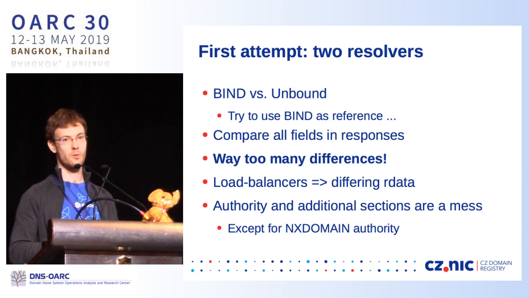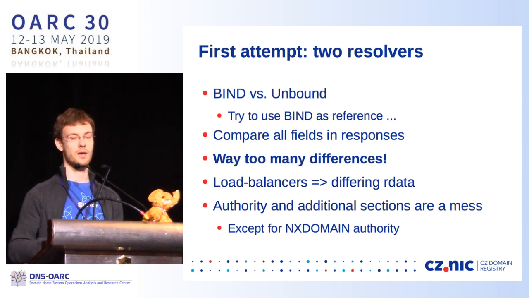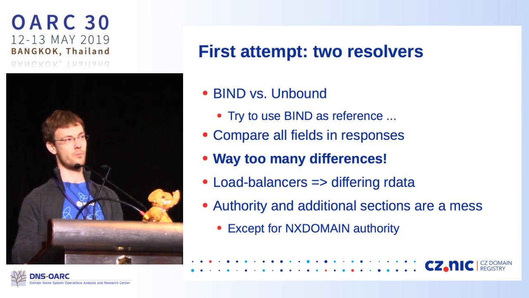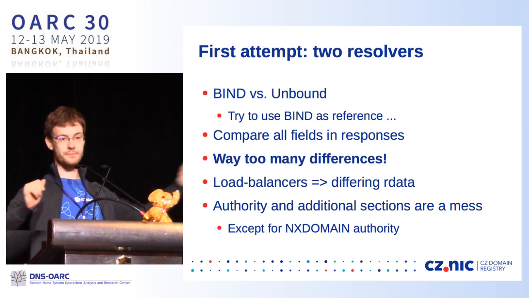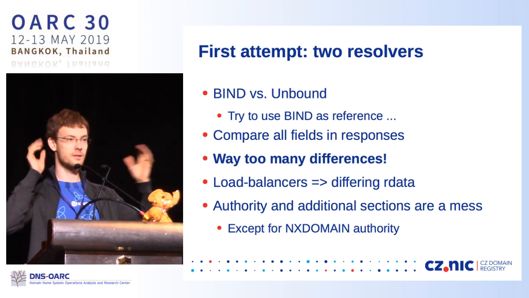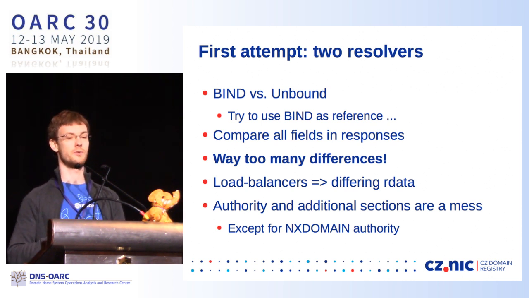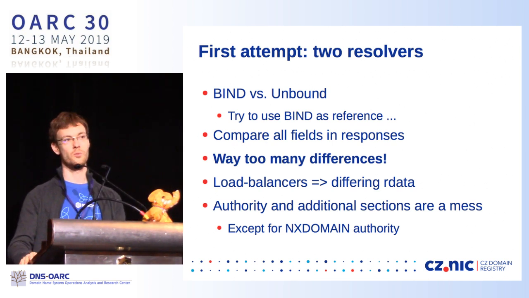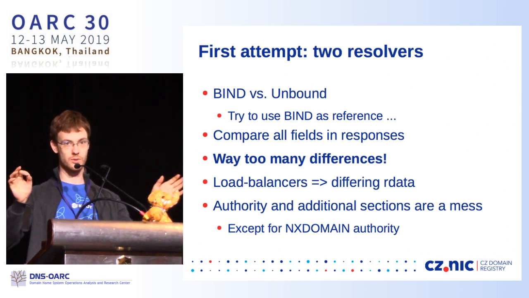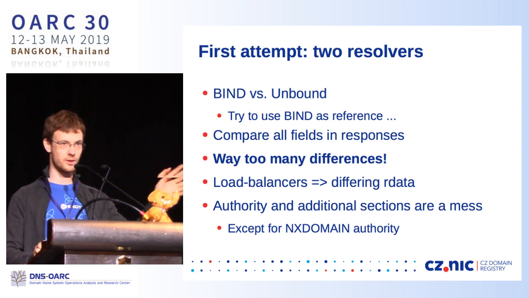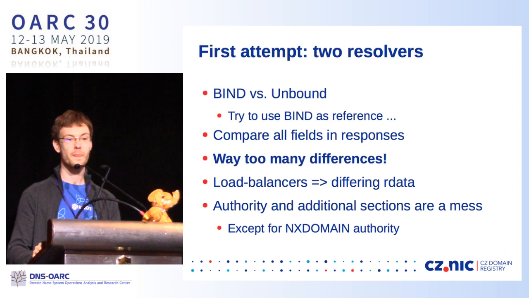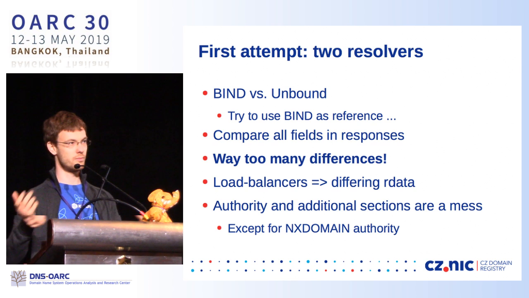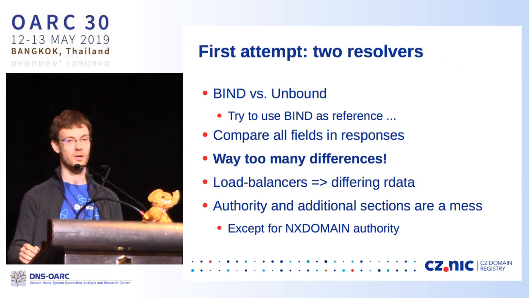When we were developing this testing toolchain, we wanted to see how it performs on mature DNS software years ago, to see whether the idea is actually sound and whether it can give us reasonable results. It turns out that when we started to compare answers from BIND and Unbound, not having Knot Resolver, the new kid on the block, anywhere else, we found out that there are way too many differences to allow us to make useful conclusions.